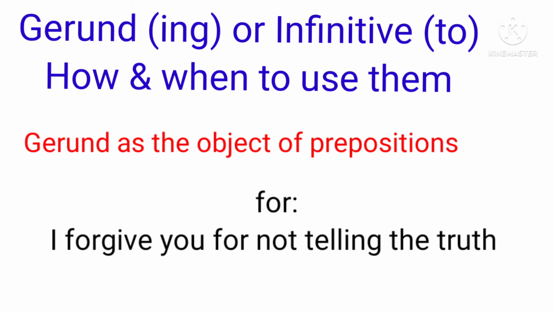I forgive you for not telling the truth. I will not say "I forgive you to not tell the truth," because for, this preposition, always follows a gerund. I forgive you for not telling the truth.